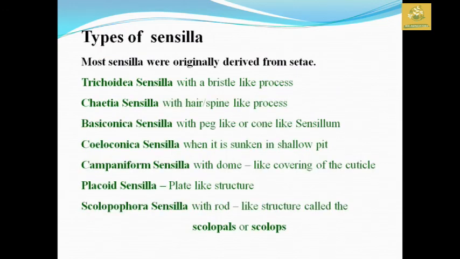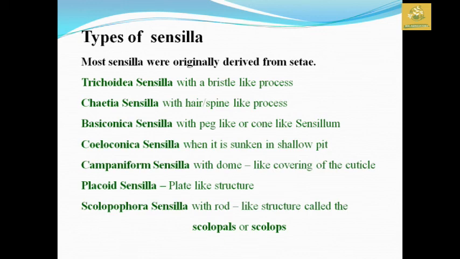While seeing the types of sensilla, most of them are mainly derived from the cuticle, which is one of the hair cells we have already seen. We can classify them as trichoid sensilla, chaetic sensilla, basiconic sensilla, coeloconic sensilla, campaniform sensilla, placoid sensilla, as well as scolopidial sensilla.